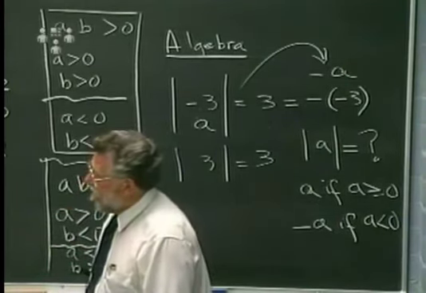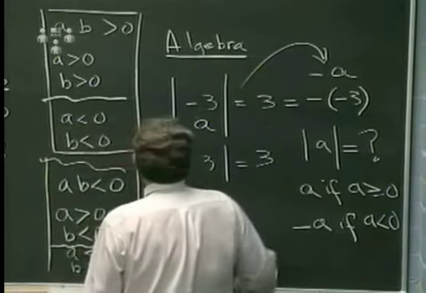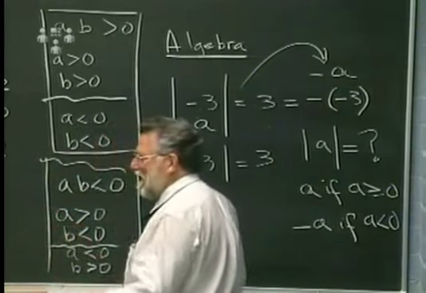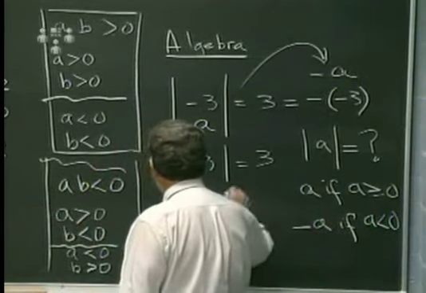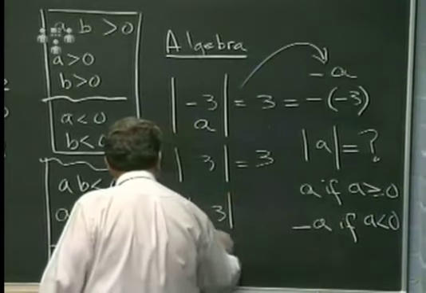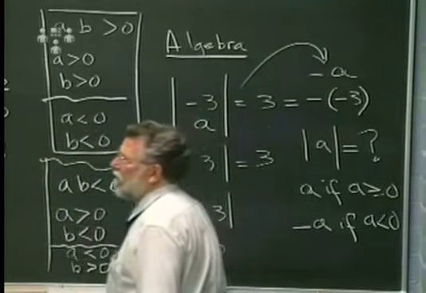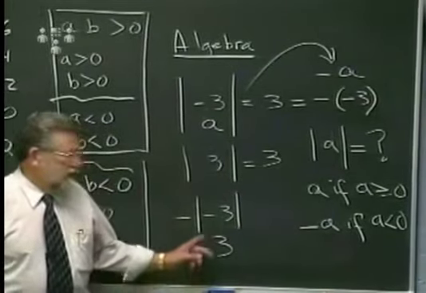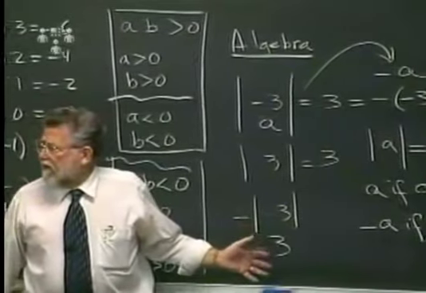It only becomes negative if the negative side is outside of that. Okay, what Robert's saying is if I had this minus the absolute value of -3, that would be minus 3. I agree. Because the absolute value of -3 was 3, and the opposite of that is -3.